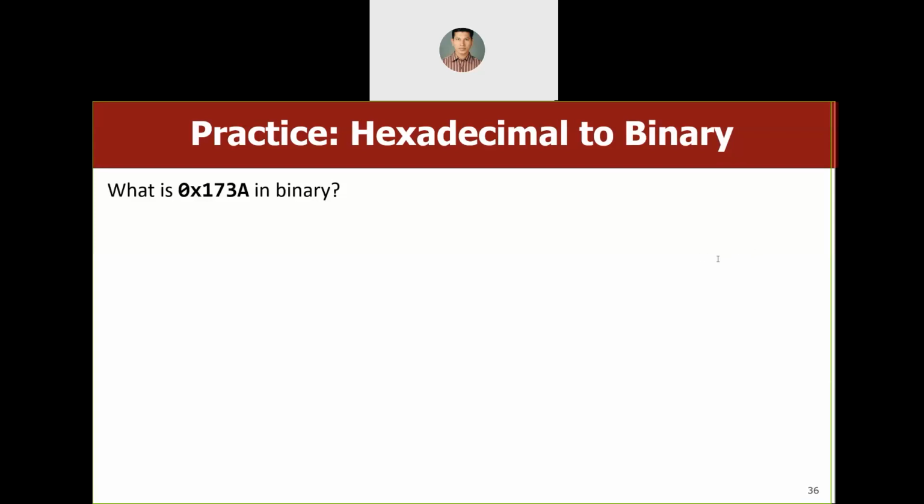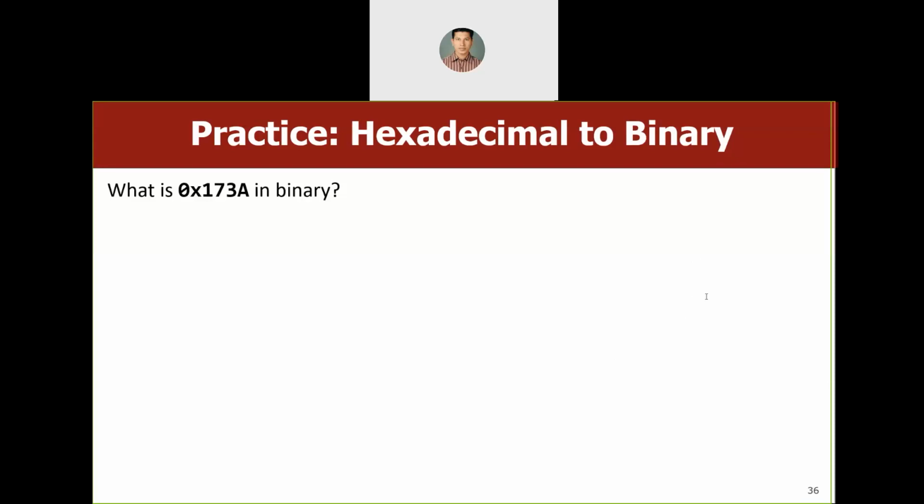Okay, this is correct. So what is this? We should write first 0b, then we should write 1, which is 0001. Next 0111, next 0011, that is 3, and A is 1010. Okay, have you got it?